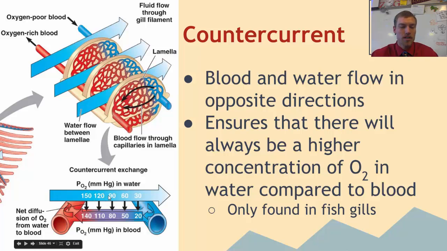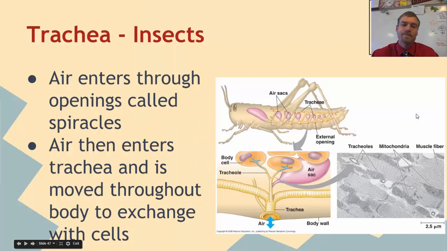And as the water continues to flow down, it always has a higher partial pressure of oxygen than the blood does. Therefore, diffusion is going to continue to occur all along the way, maximizing the efficiency of the system, which is really cool, and shows how nature is all about increasing efficiency.